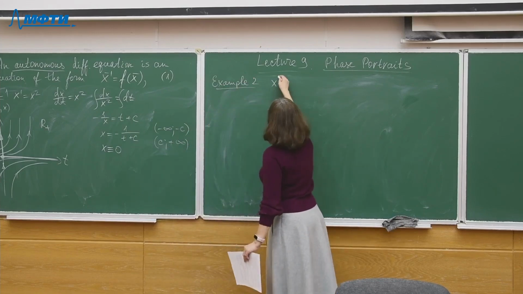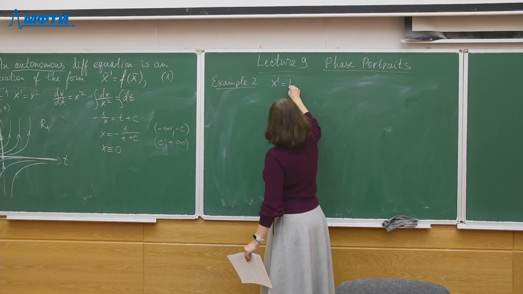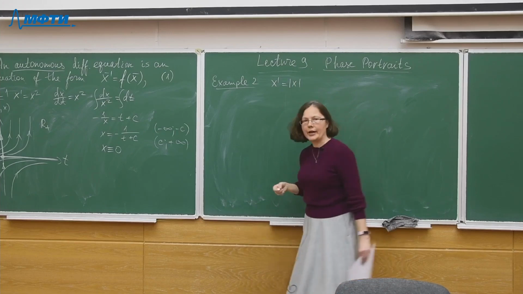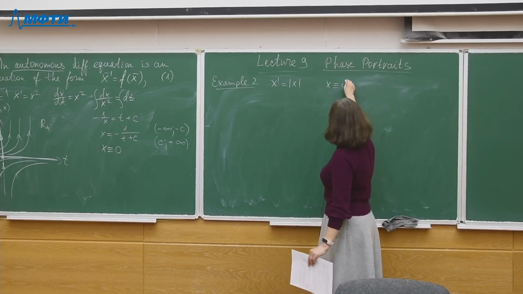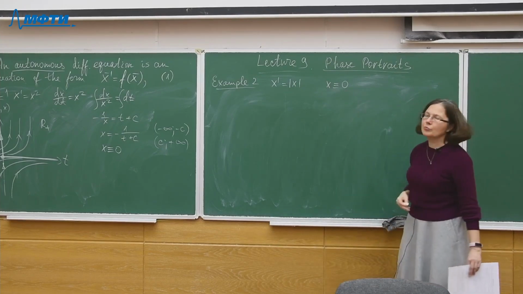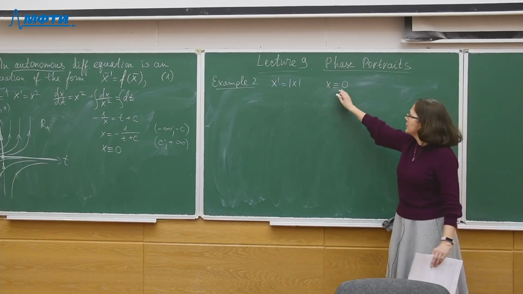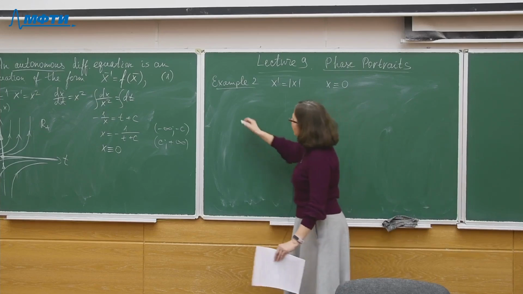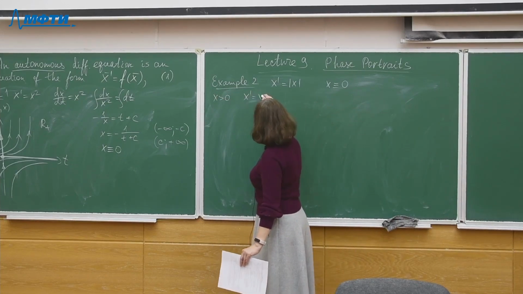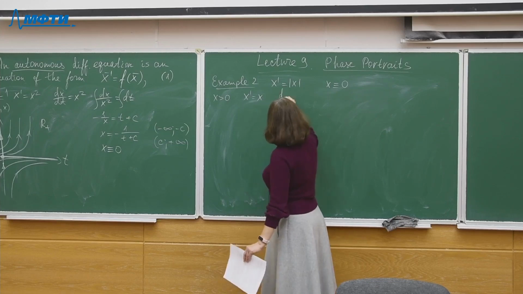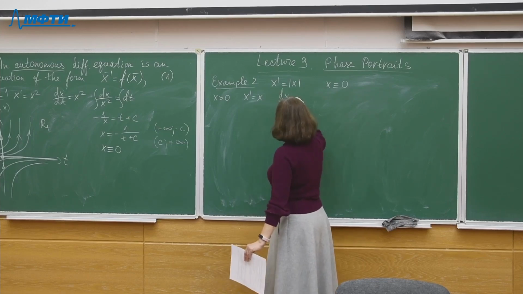Let's consider the differential equation of the form x prime equals the absolute value of x. In this case, we have an equilibrium point x, which is identically 0. If x is greater than 0, we are trying to solve this, dx over x.